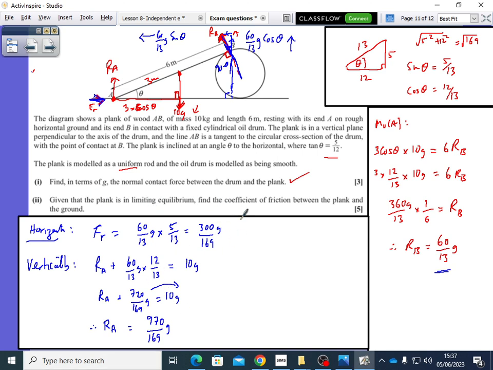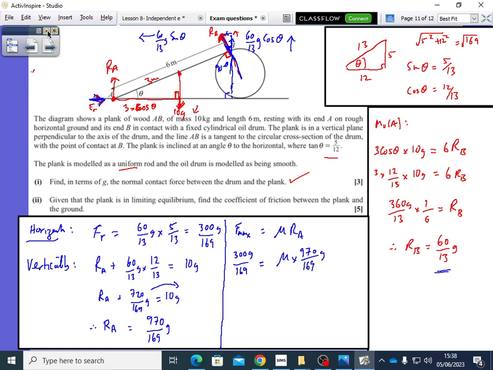Now we've been told it's at limiting equilibrium. That means its friction is at its max. And when friction is at its max, that will be mu times RA. So we know the maximum friction is going to be this, which is 300 g over 169. Mu we're going to calculate. RA is 970 over 169 g.